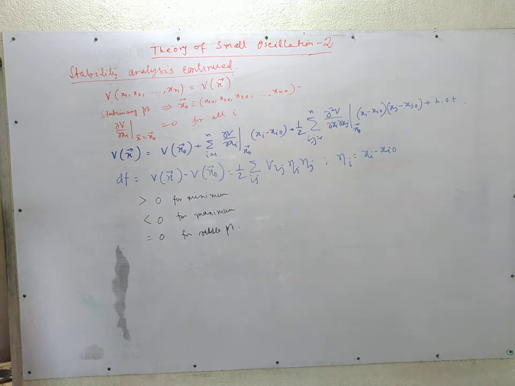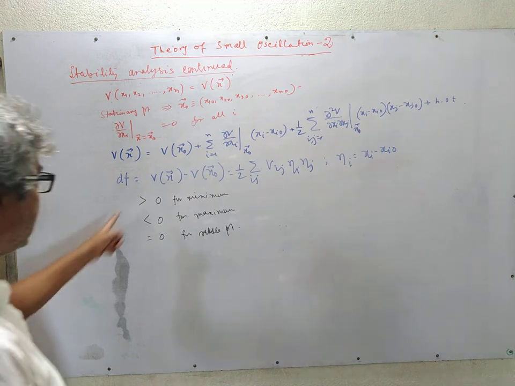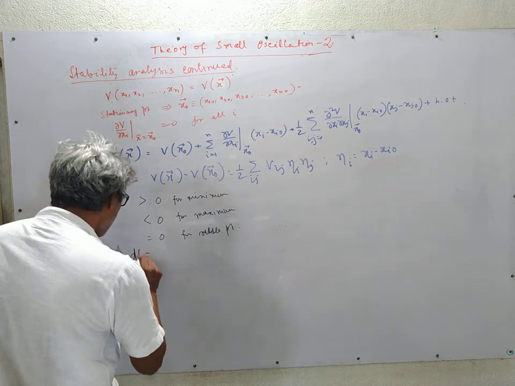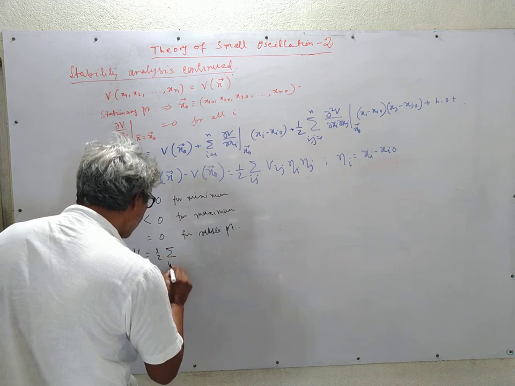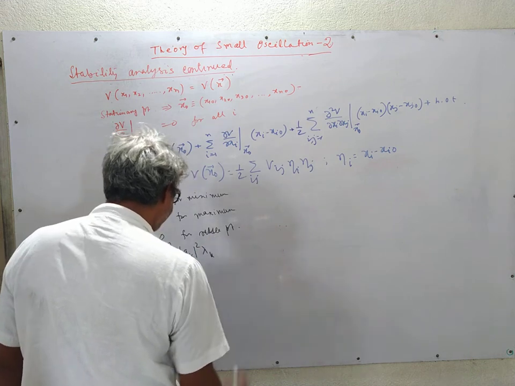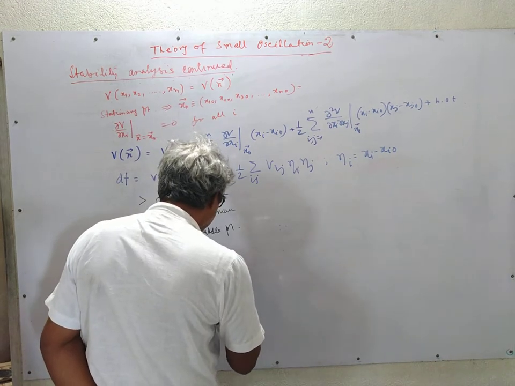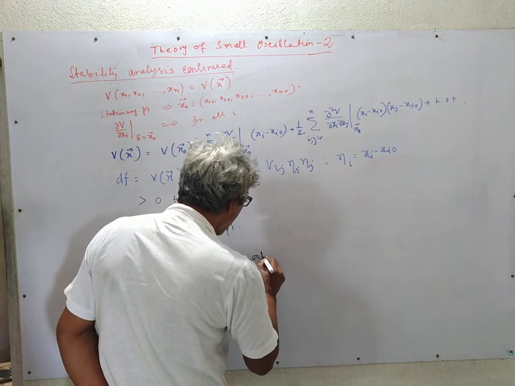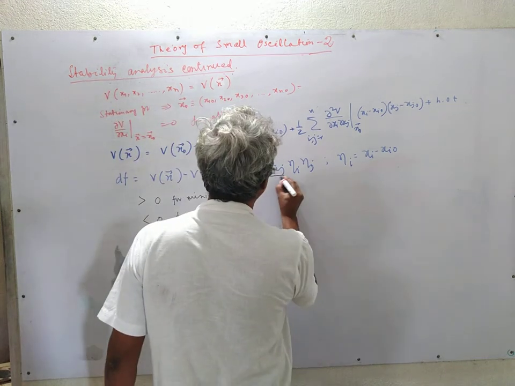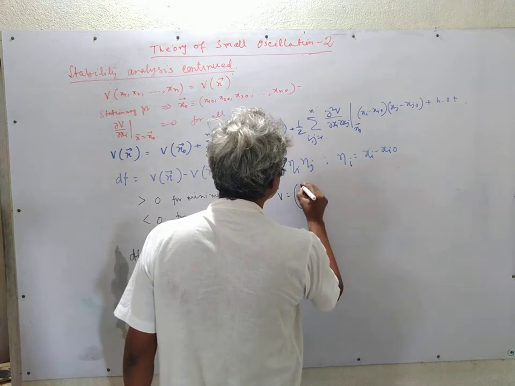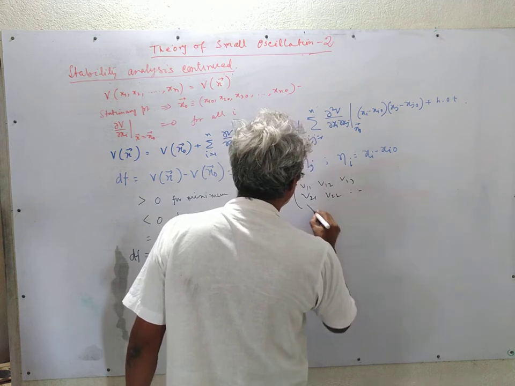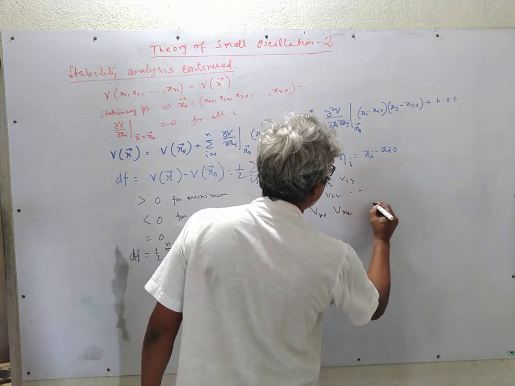We have learned earlier that this equation delta V can be written as half the summation over k equal to 1 to n of the modulus square of ak times lambda k, where lambda k are the eigenvalues of matrix B. If we consider these as the components of a matrix, we can consider a matrix B which is B11, B12, B13, B21, B22, up to Bn1, Bn2, Bnn.